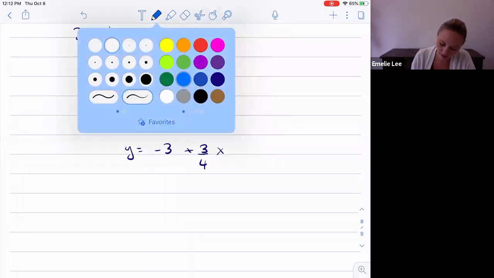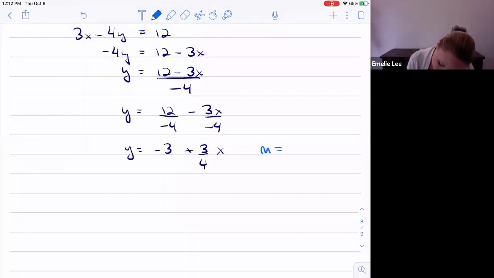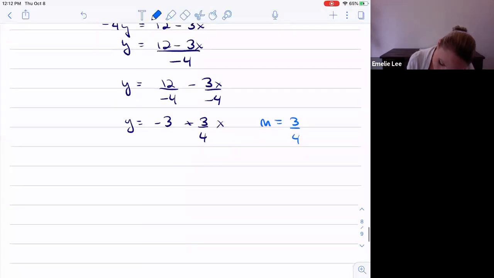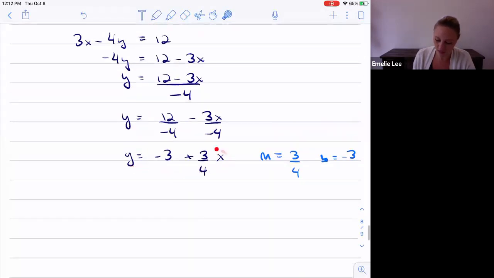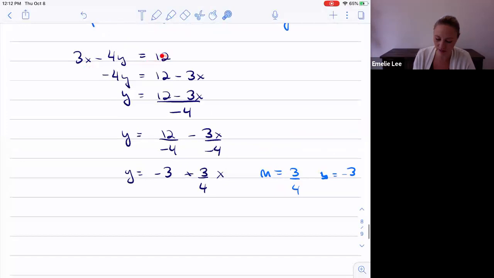So from here, right, we say that the slope is 3 over 4, and the y-intercept, which I'll just use a lowercase b, is -3. So now, if I'm going to graph this, this is equivalent to this. I've just moved things over.